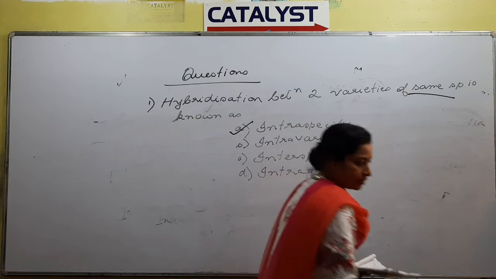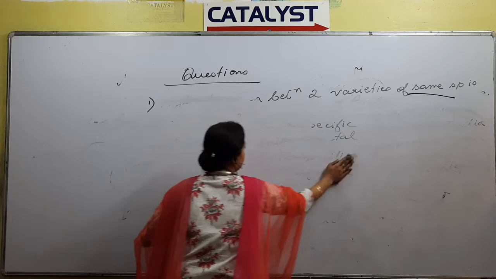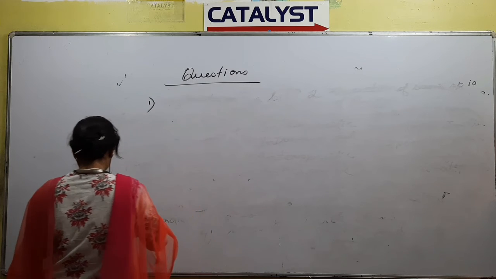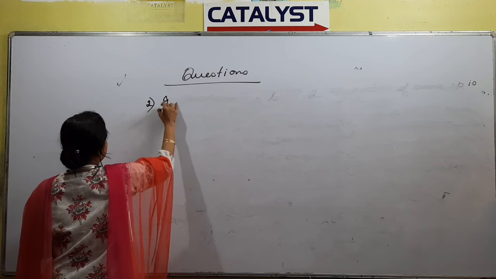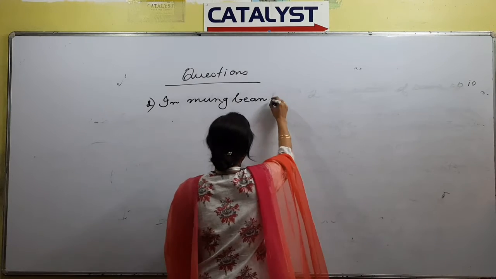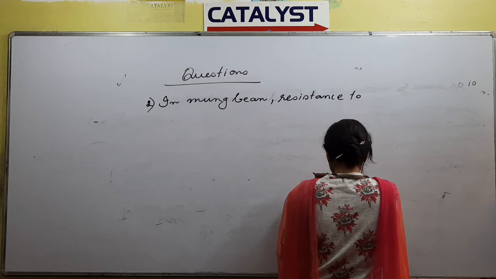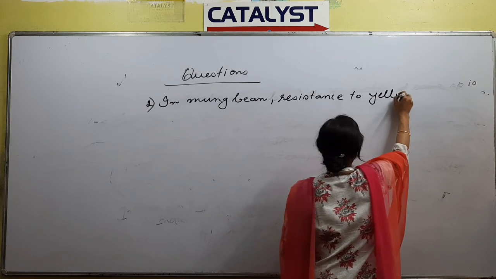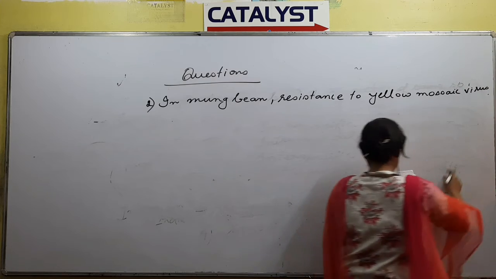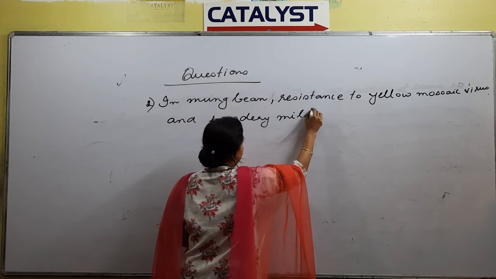The next question is, in mung bean, resistance to, okay, this is something that we have not done, but resistance to yellow mosaic virus and powdery mildew were induced by.